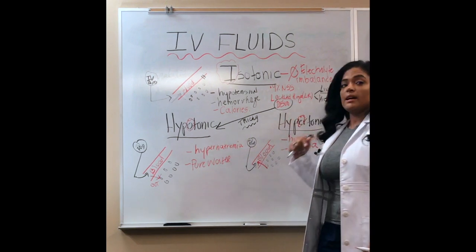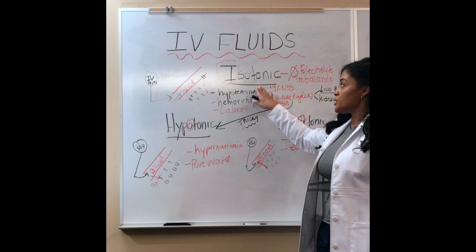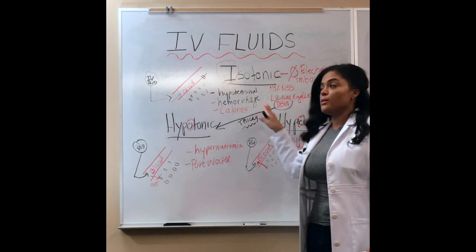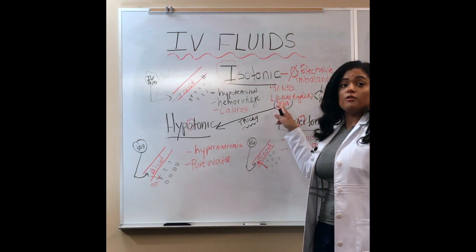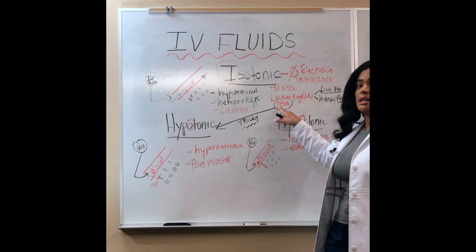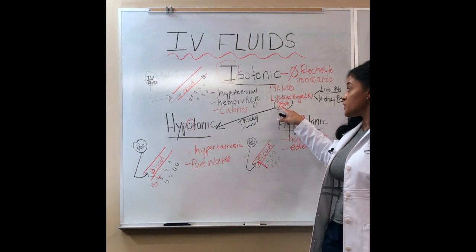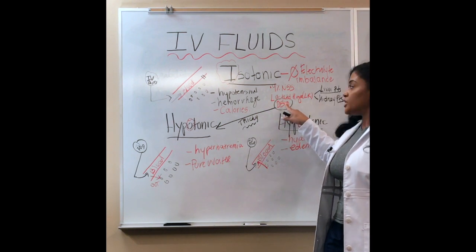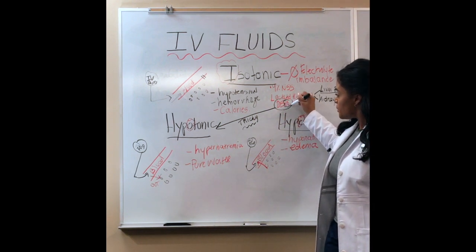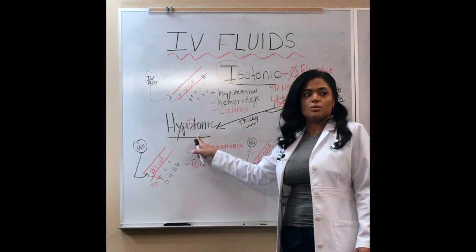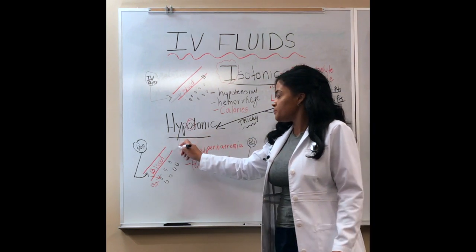So the moment you have an isotonic solution like D5 being given to a patient, the body takes in the 5% of sugar, which is 5% of dextrose. The D means dextrose or sugar, glucose, and this 5 is 5%, and the W is water. It turns into water. So the minute that it does that, it becomes a hypotonic solution, pure water.